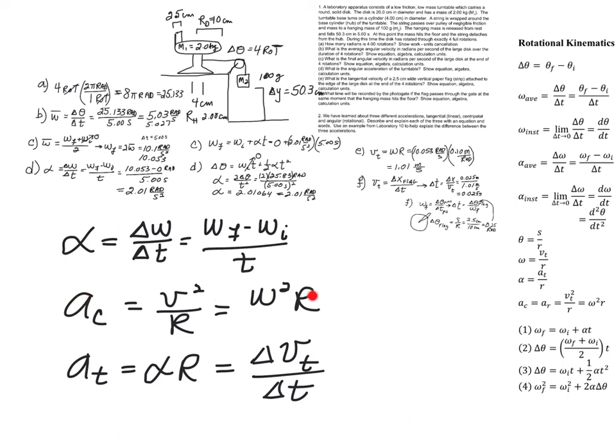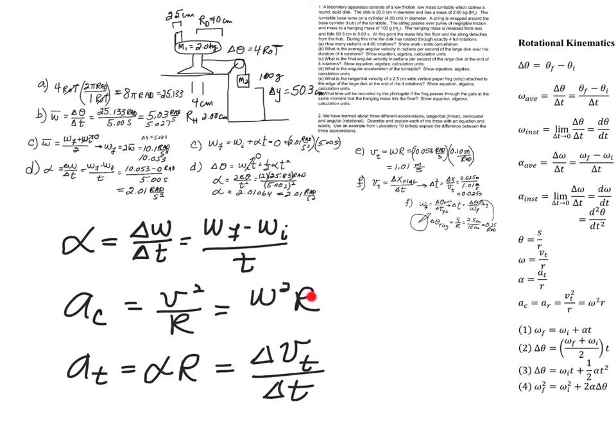Now, how do we understand the centripetal acceleration? The centripetal acceleration is the rate at which the velocity vector is changing. And in a case where the wheel is spinning at a constant rate, there's still a centripetal acceleration because the direction of the velocity vector is changing. So it's the acceleration toward the center rather than the acceleration of the object tangent to the circle. So they're in two different directions.